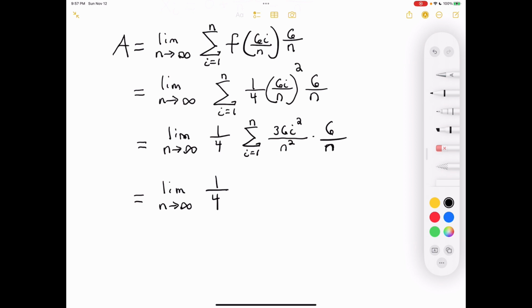Now, n is completely independent of the dummy variable i in the summation. So we can also pull out the n's and any other constants.